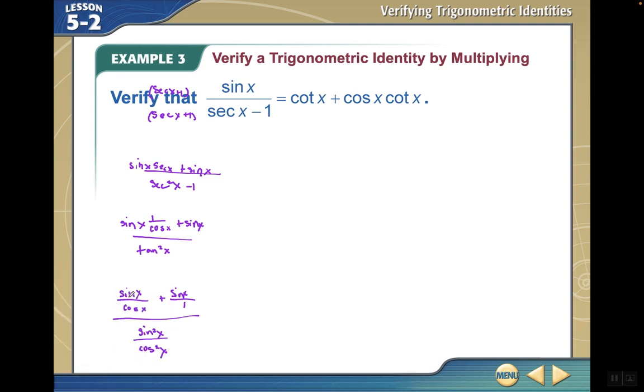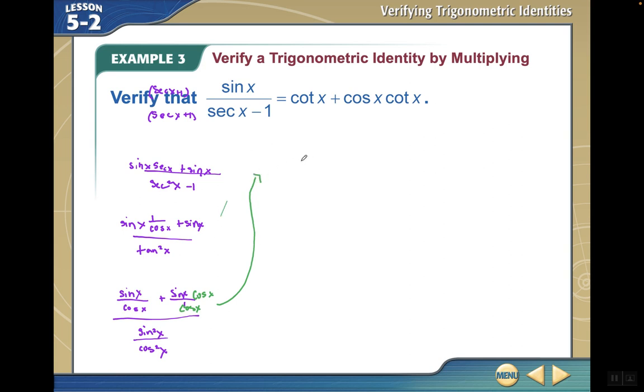Okay, so in the numerator part here, I'm going to combine these two fractions, getting the same denominator. So to get the same denominator, I have to multiply this one by cosine x on top and bottom, which I'm just going to write up here.